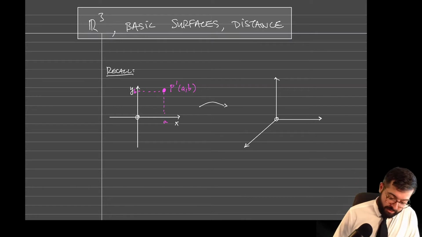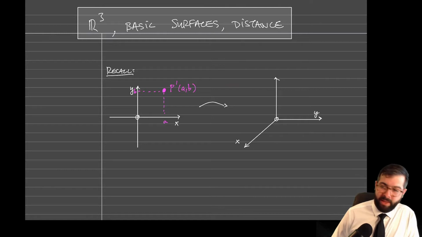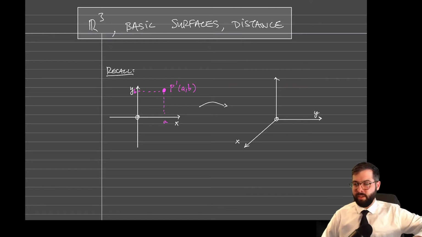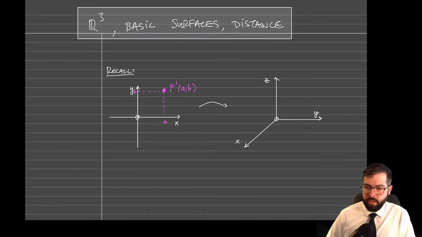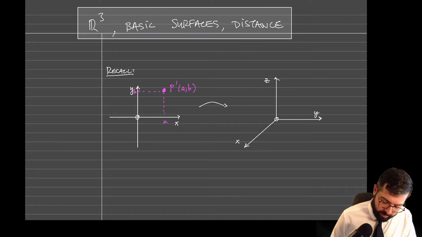So what does this look like here? X, Y are on the ground, right? They're on the desk. Your z-axis is up and down. So that point, P prime, is like living out here, whereas I've come out a distance of A on the x-axis.